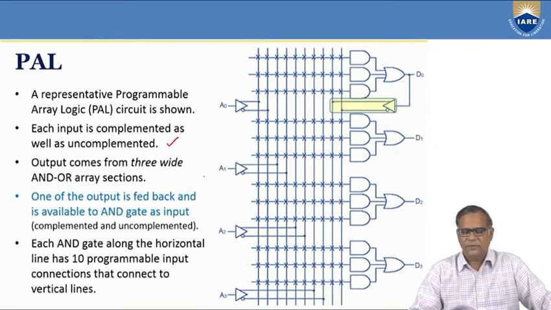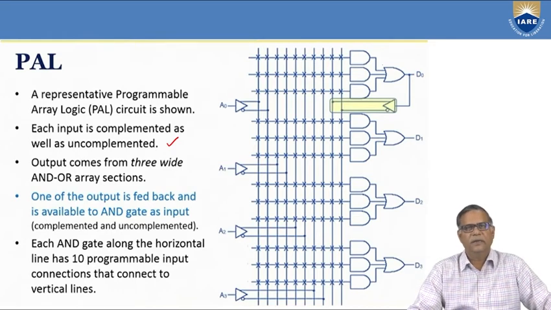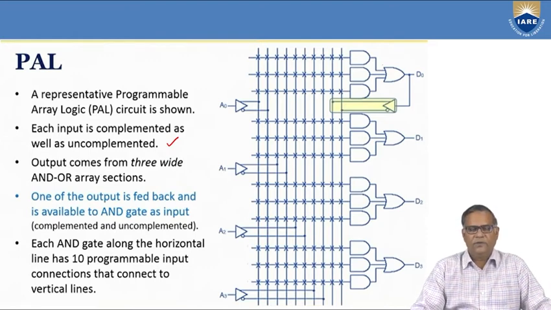Next, the output comes. This is a typical programmable array logic. In actual practice, it has many more inputs and many more outputs, and this is just a representative form of the PAL. In actual practice, PALs are more complex.